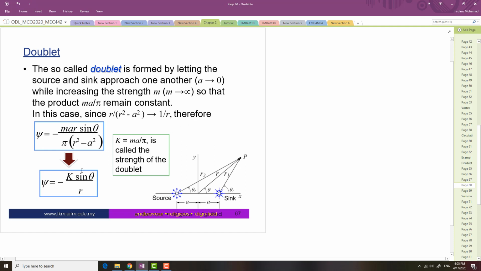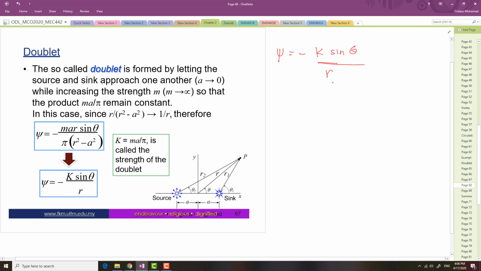therefore the final equation for psi for the source and sink, or for the doublet, is equal to negative k sine theta over r.